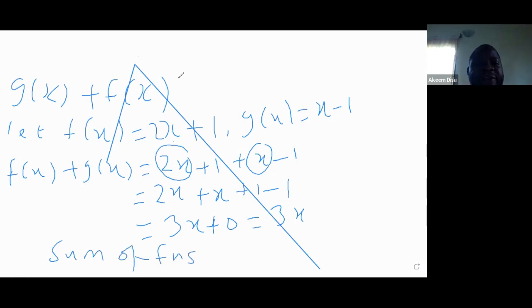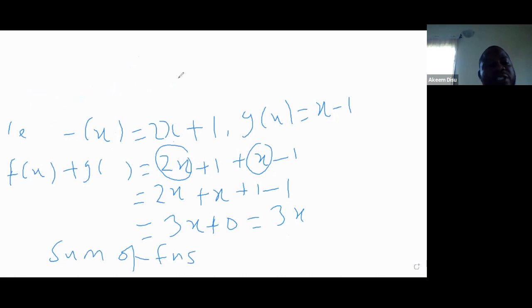Let's consider another example, the difference of functions.